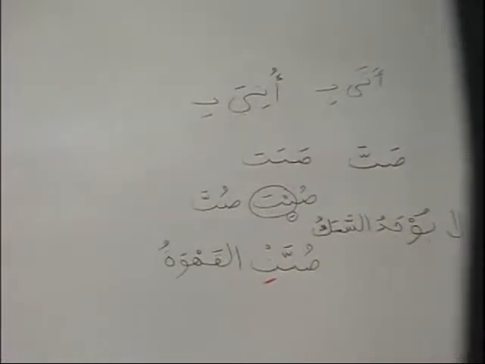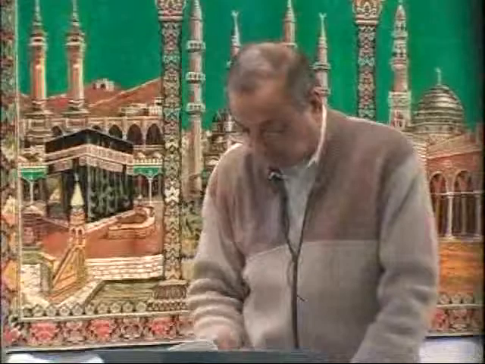Ata bi means to bring. Utiya means it is brought. With the damir raf', you have to bring a damir which is marfu', to replace its place, as is clear from these two tables, brothers and sisters.